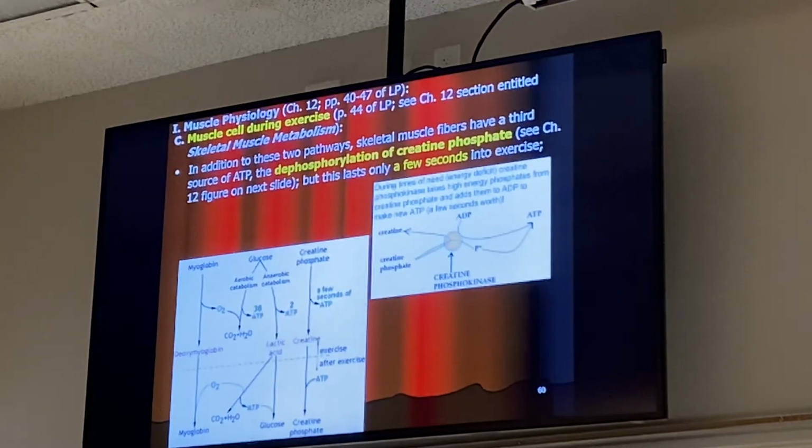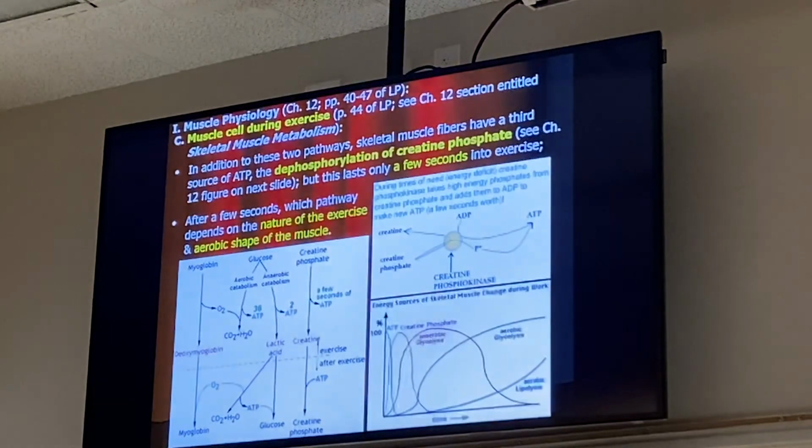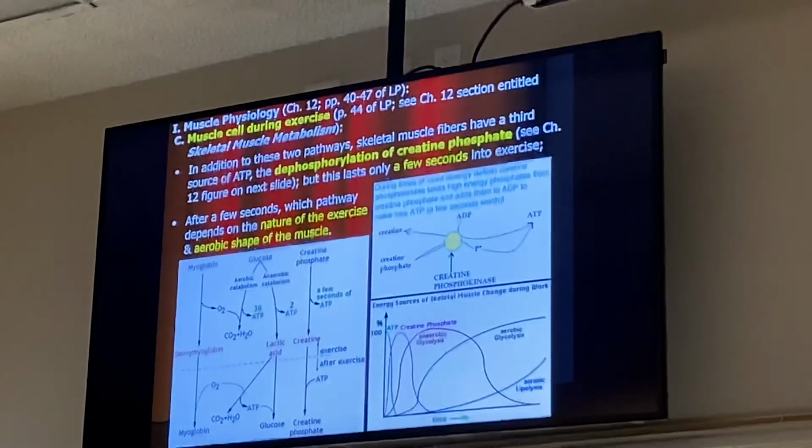It just donates it to ADP. It's really quick. But this is only like 10 to 20 seconds. Then you hit the fork in the road. Then it's all about what kind of shape you're in and what kind of exercise you're doing.